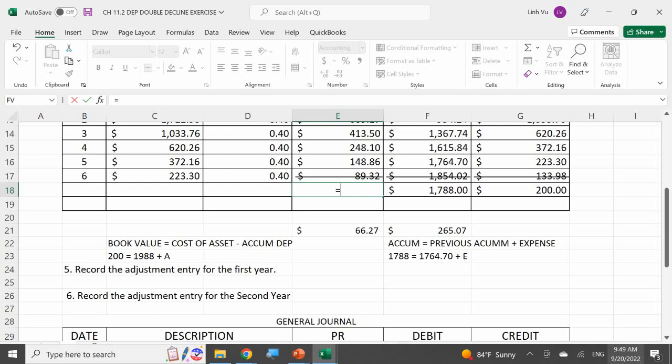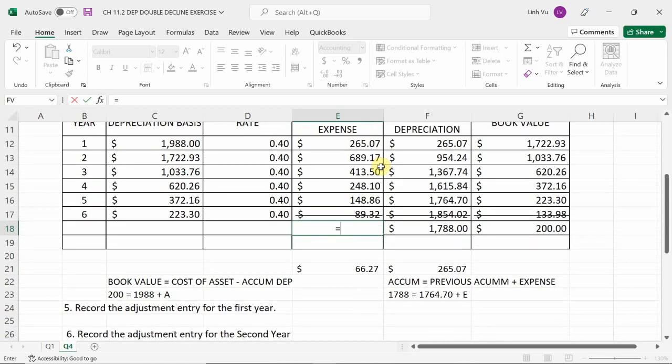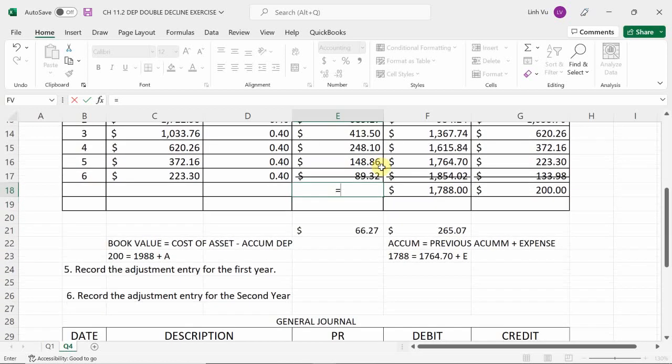No. Could you pull down your screen a little bit? I'm trying to see. Okay, the expense. That's what you're trying to solve for. Okay, 148.86. No. You're okay. Start again.